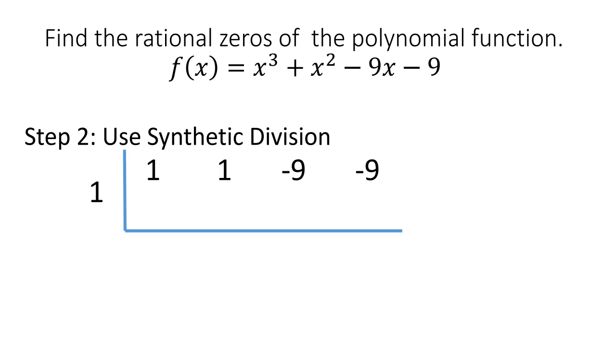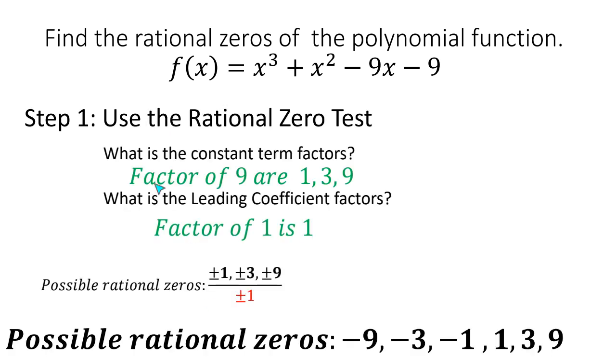But the first step, let me go back here, the first step would be to find these possible rational zeros. And so what it does is it takes an infinite amount of numbers and it reduces it to only 6 numbers that we can check. I always recommend that you start with 1, and if 1 doesn't work, then you can try negative 1. And if that doesn't work, then we could try 3 and so on.